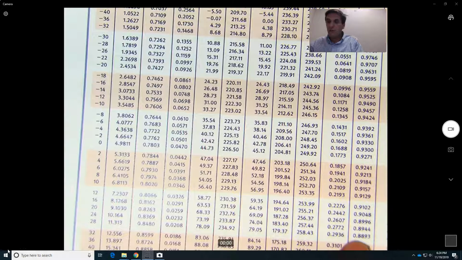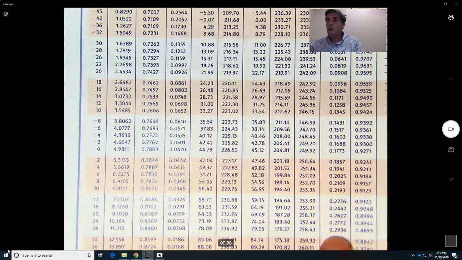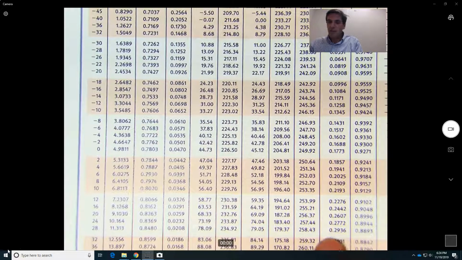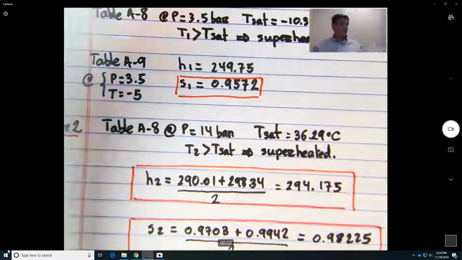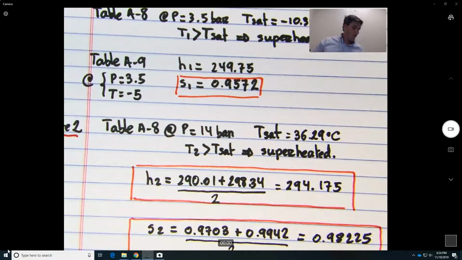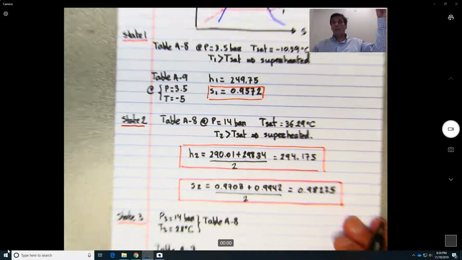So S fluid is 0.2936, and H3 will be H fluid, 79.05.